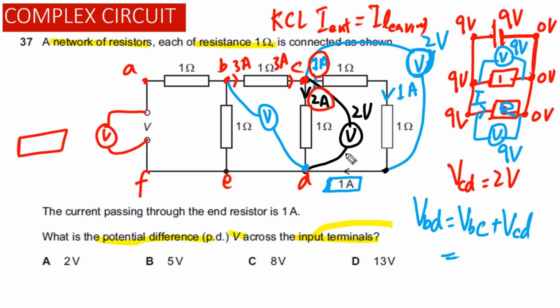The voltage across BC we can find from here. This will be equal to 3 volts, and voltage across CD already we have 2. So the voltage across BD is equal to 5 volts.